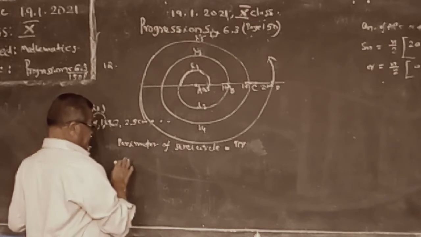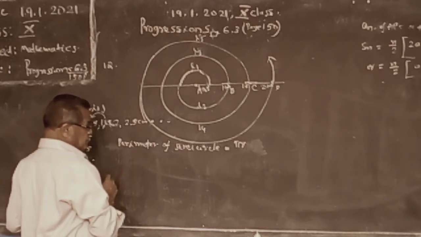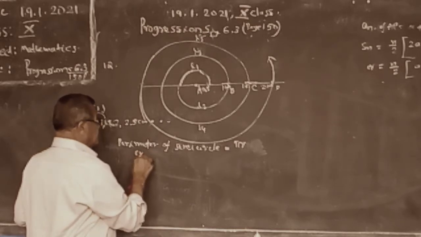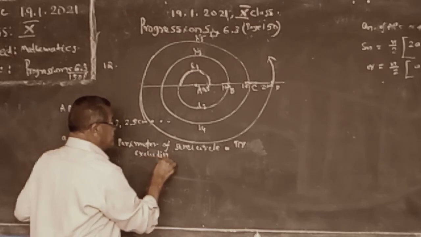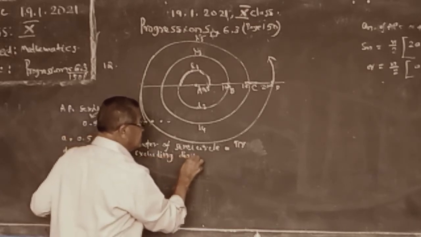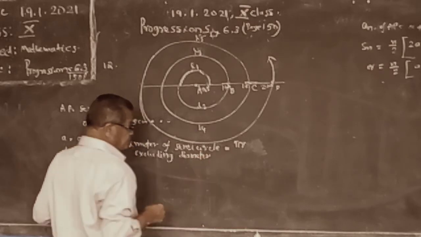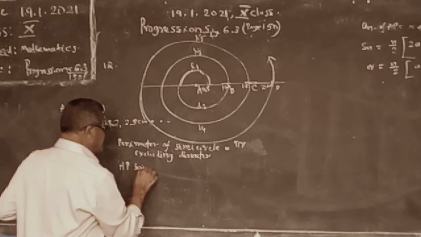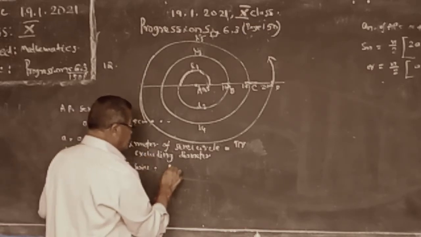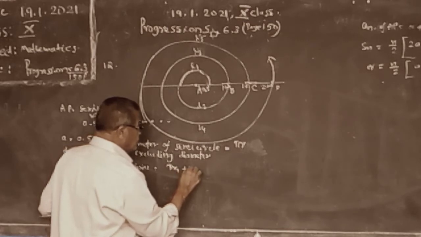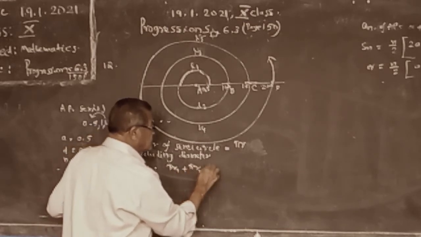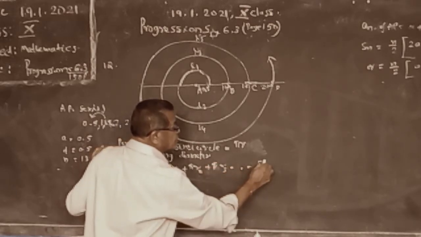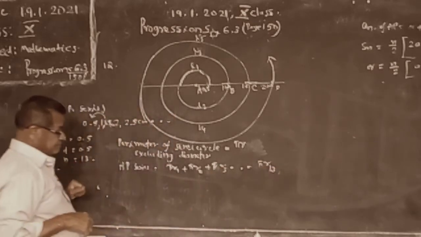Only the perimeter of the semicircle excluding the diameter. The series is equal to pi r1 plus pi r2 plus pi r3 up to pi r13 spirals.